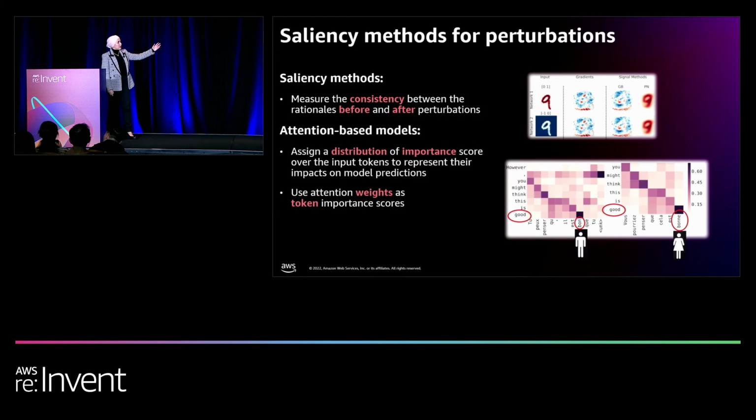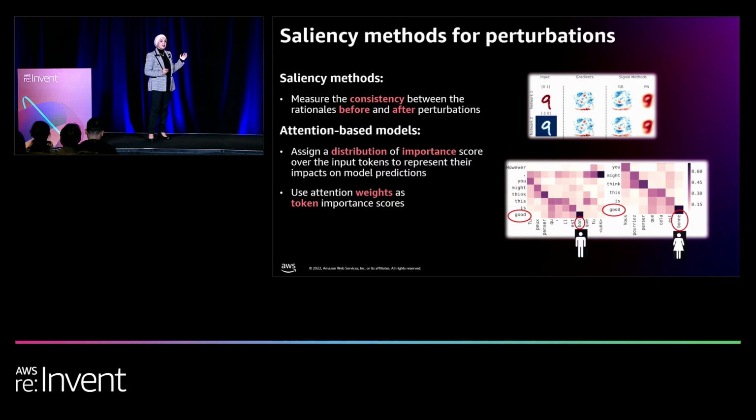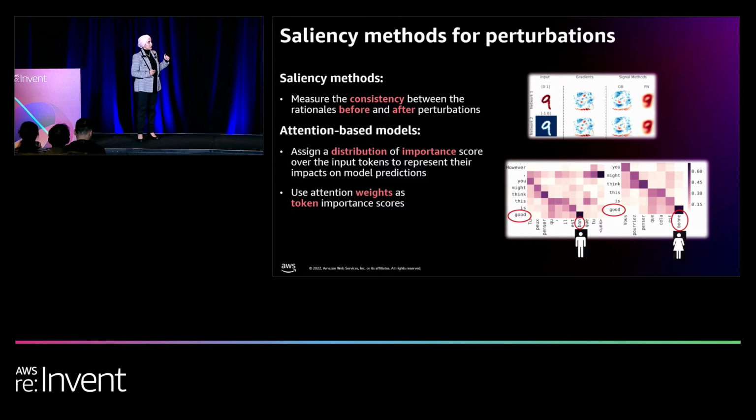Now, how can we produce the results of perturbation? We can apply the so-called saliency maps, and the saliency maps will let us understand the importance of every part of the input and its impact on every part of the output. Let's look at the first image. We have an image of a 9 in a certain recognition task, where we try to recognize the number that is in the picture.